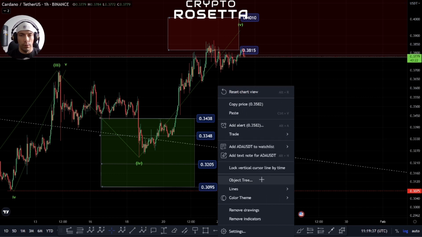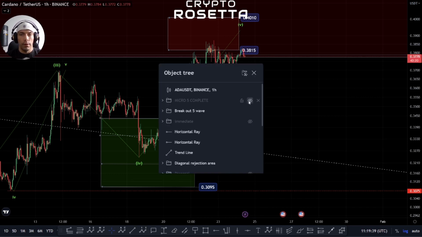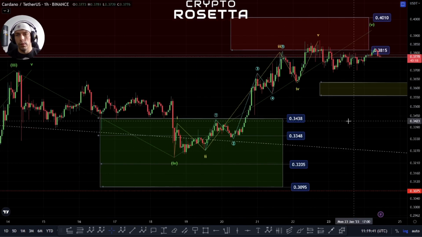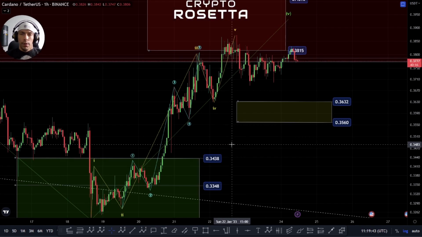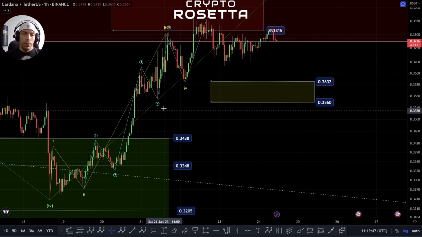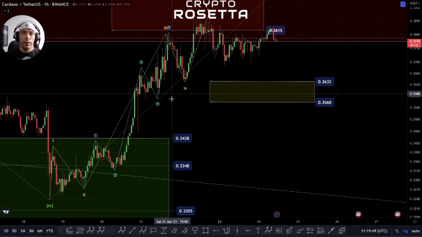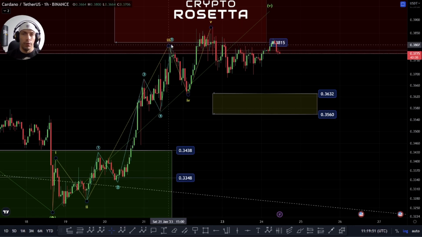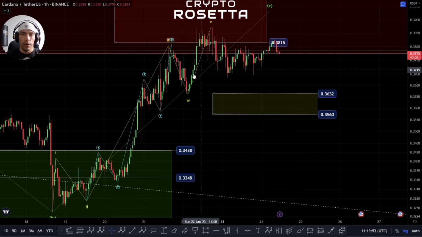So I'm going to show you this count now. Effectively what we could look at within this structure is a 1, 2, 3, 4 for a flat, zigzag, flat, and then a potential fifth wave into this high point here.